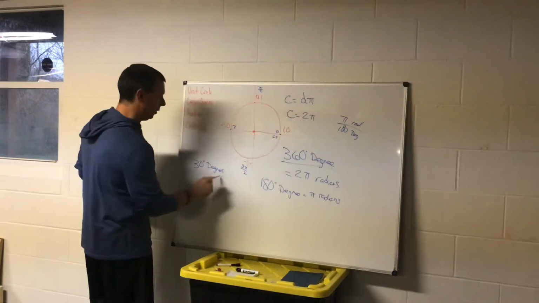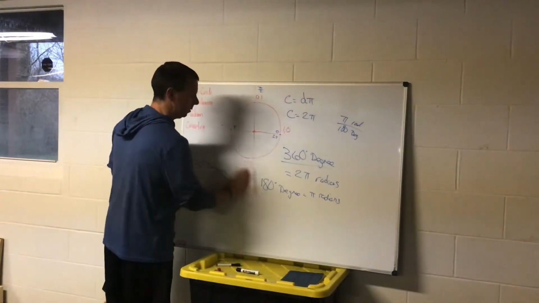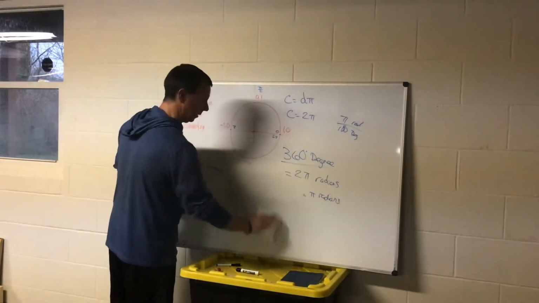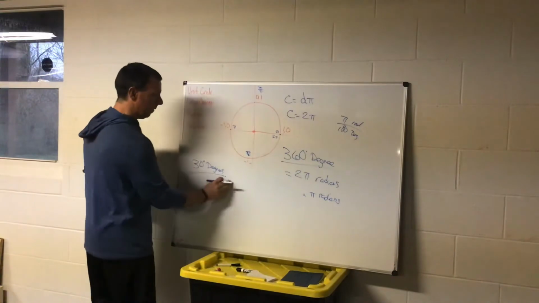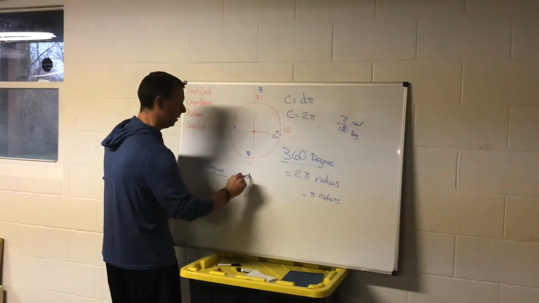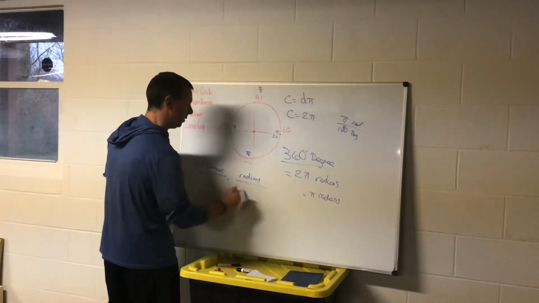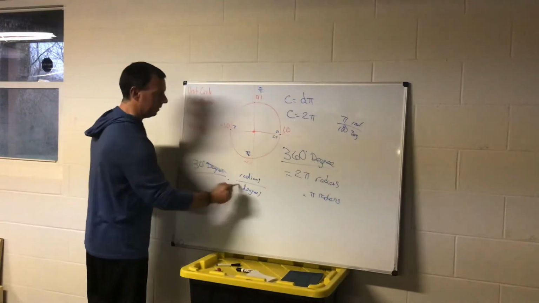I'll flip it up and down depending on how I need it. If I have degrees and I want radians, then I'm going to multiply so that I have radians on top and degrees on bottom. That way my degrees cancel.